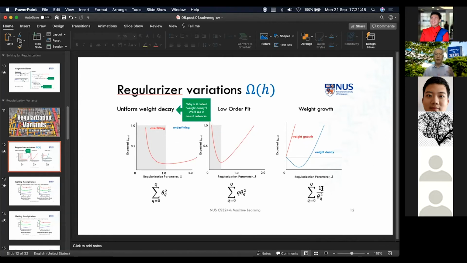Because most of the things that we set as features usually don't fluctuate wildly on data points. You can sort of make sense of that. It could be that there are actual target functions that are really wavy, but the chances of getting them are very small. And so that's why weight growth doesn't work well as a strategy for regularization.